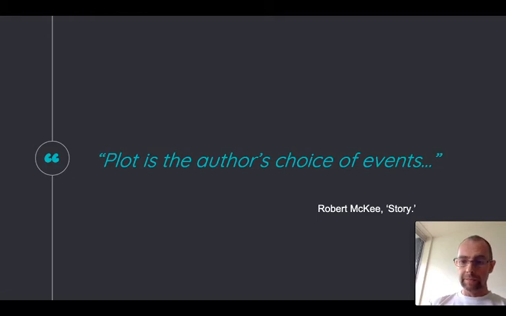We order events and information in texts, whether they are fiction texts or non-fiction texts, because of the purpose of the author, whether that's to inform, persuade, or entertain, elicit emotions, present a worldview, for example. But for plot, for our purposes, we're focusing on the events, the choice of events.